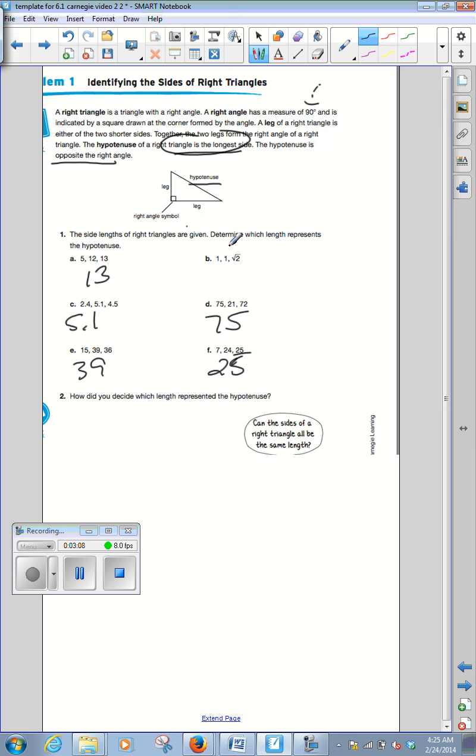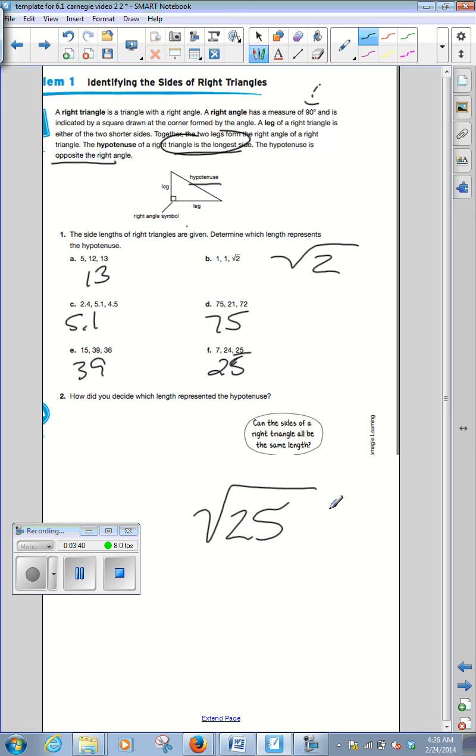Looking back at B, and again, I got those because they were the longest side of the three of them. Right here at B, some of you might have forgotten what this symbol means. The reason you needed to pass square roots before you could work on the Pythagorean theorem is because we need to know what that symbol means. I'm going to use a simpler example down here. Square root of 25 means what number times itself gives you 25.